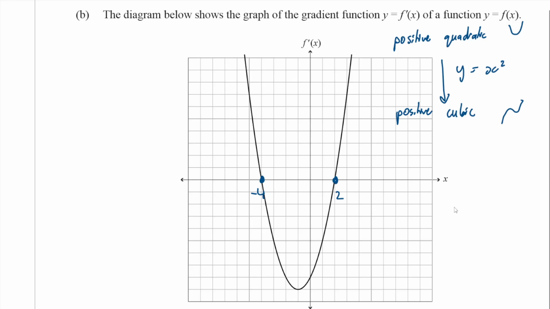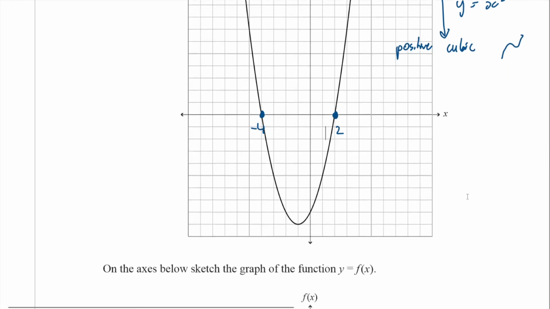So that tells me that the gradient of the original function at x equals 2 is 0. The gradient of the original function at x equals -4 is 0. So these actually are the turning points.